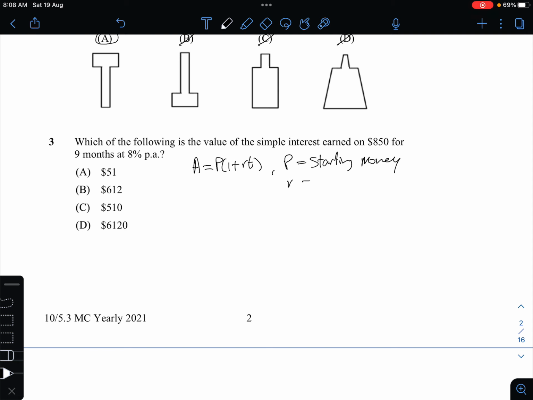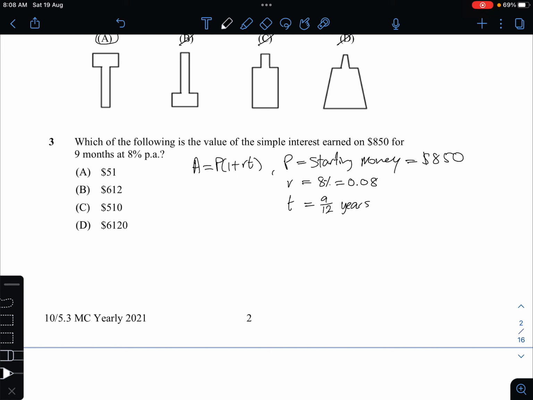R is equivalent to your percent, but as a decimal, so 8% equals 0.08, and T is equal to time in years, so 9 on 12 years, because it's 9 months out of the 12 possible months in a year, right?